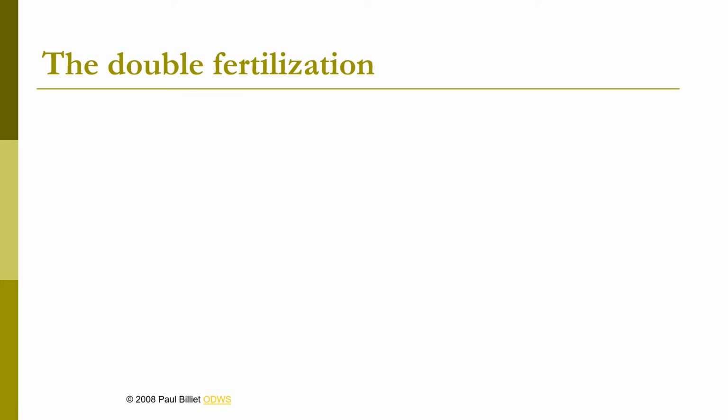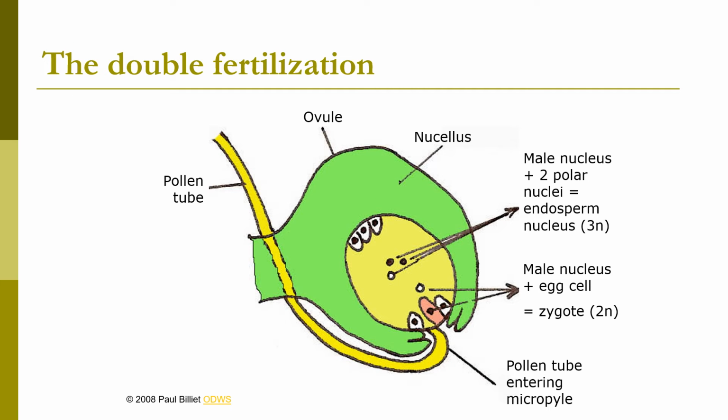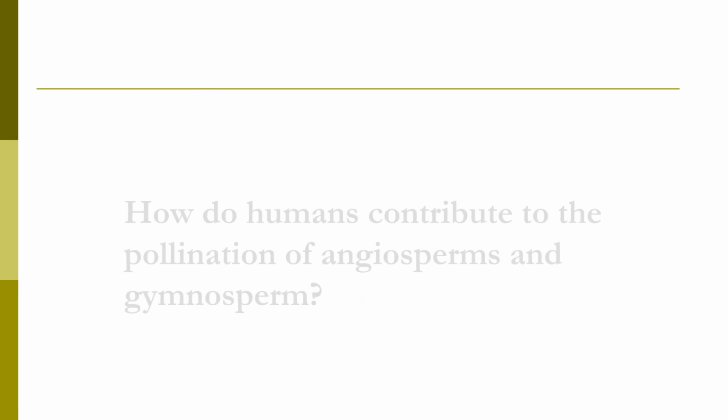In plants, double fertilization may occur, which is shown in this picture. So we have here two male gametes that could fertilize two female gametes. This process is called double fertilization.